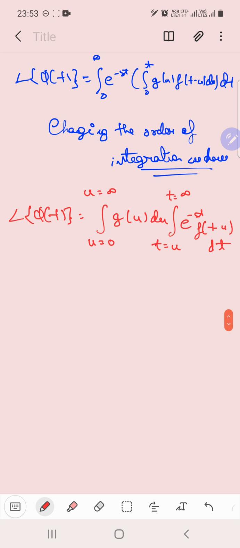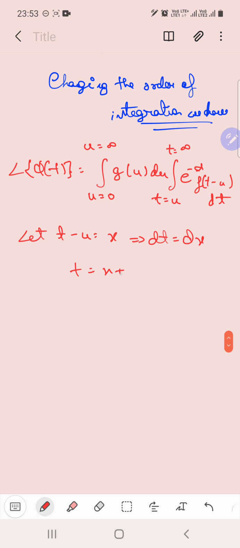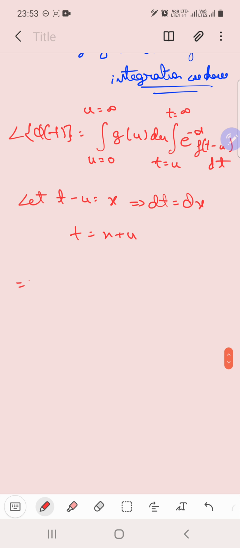Clear? So now let t minus u be x. From here we get dt equals dx and t equals x plus u.